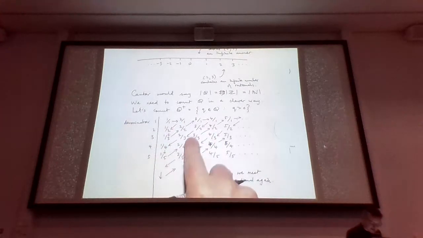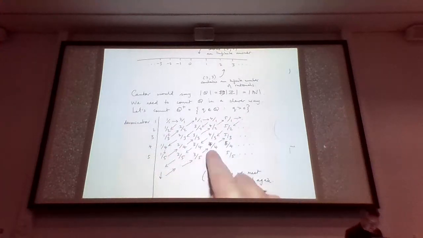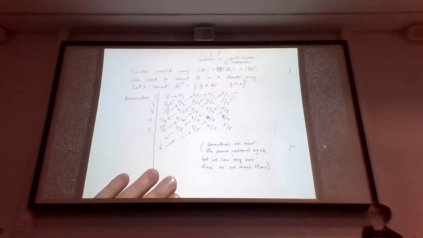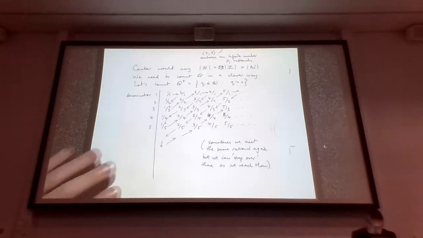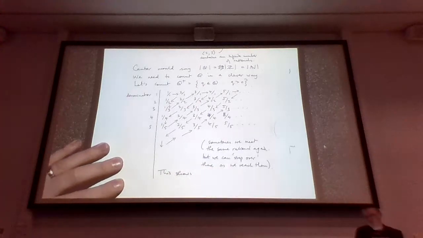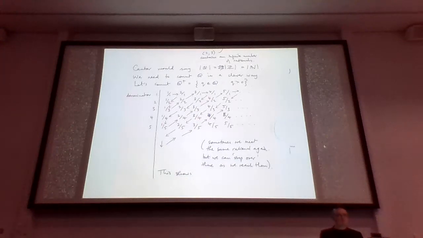I also met it again here, 3 over 3, 4 over 4, etc. But if you want, we can step over these as we reach them. So what this picture shows is that we can step over those repeated rational numbers or just skip them.